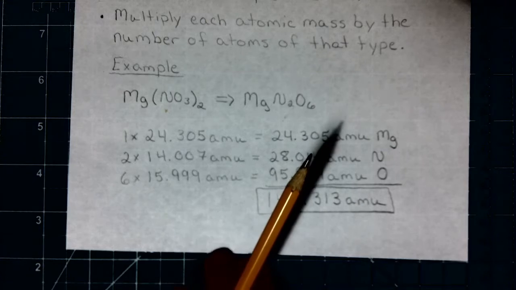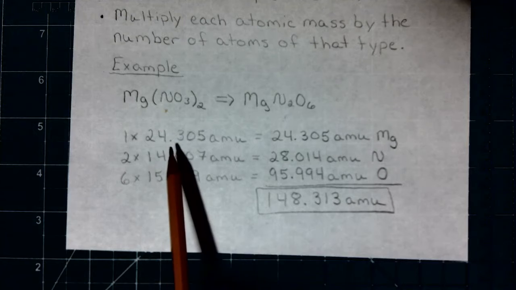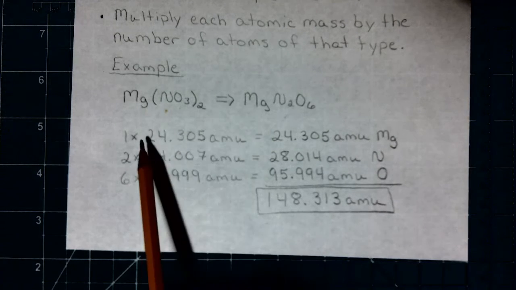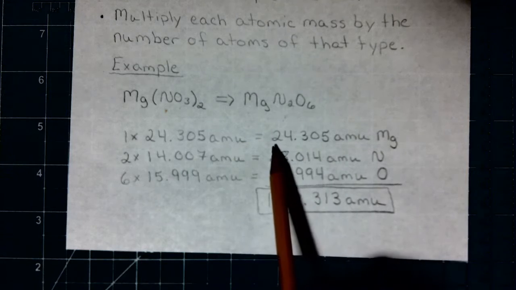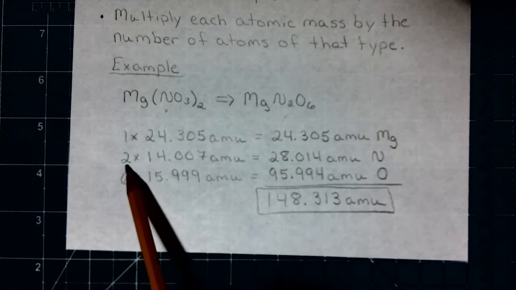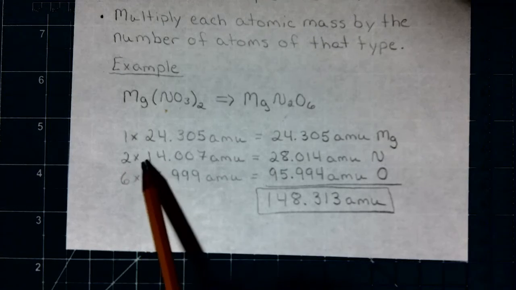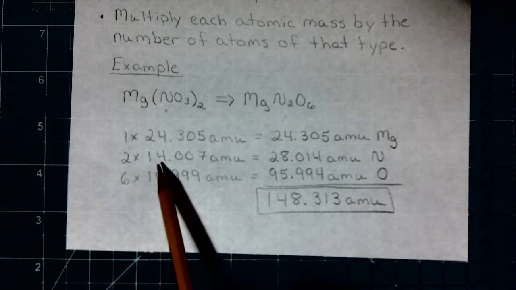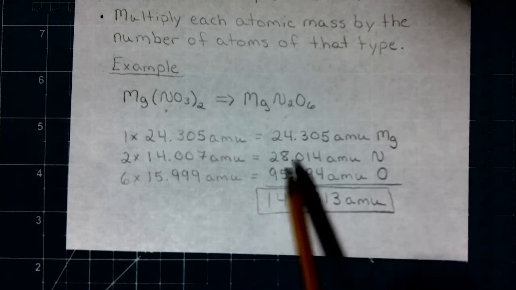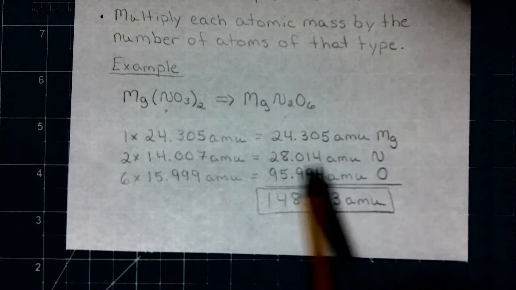Then we're going to go to our periodic table. We're going to see that magnesium has an atomic mass of 24.305 AMU. We have 1 of them, so we do 1 times that, and we have 24.305 AMU for magnesium. Then we're going to look at the nitrogen. We have 2 nitrogens. Its mass is 14.07 AMU, so the total contribution from nitrogen is 28.0414 AMU.